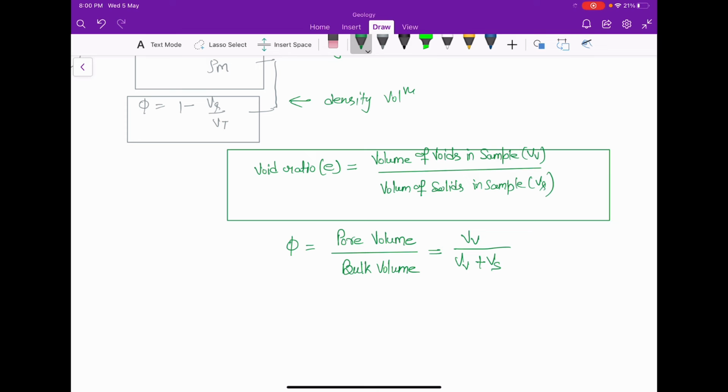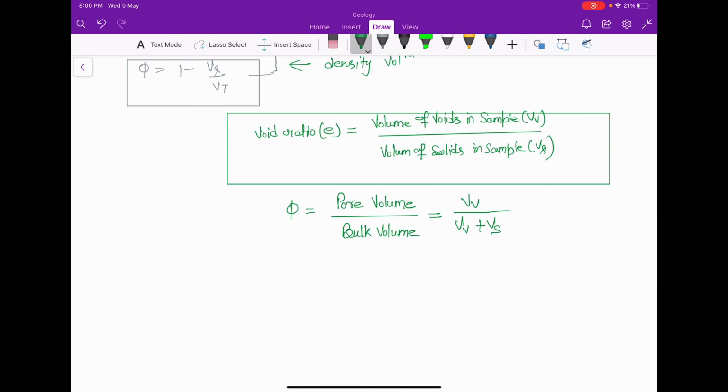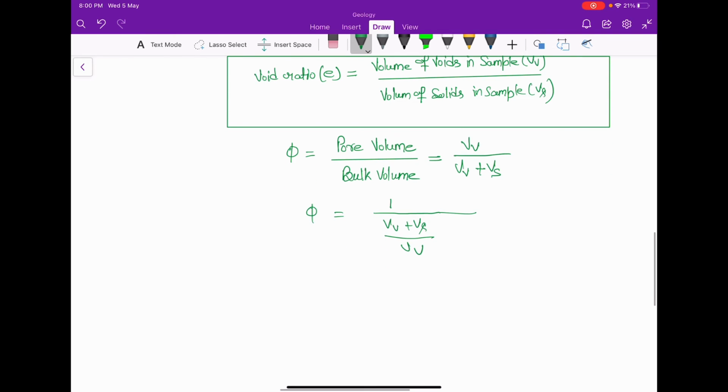So phi is equal to Vv divided by Vv plus Vs. So phi is equal to 1 divided by (Vv plus Vs) over Vv, which is equal to 1 divided by 1 plus Vs over Vv.